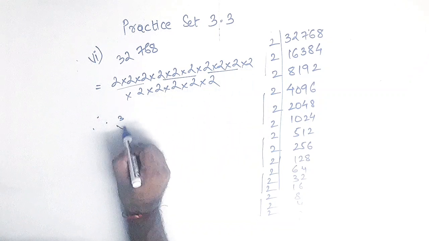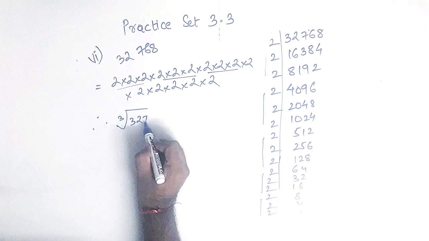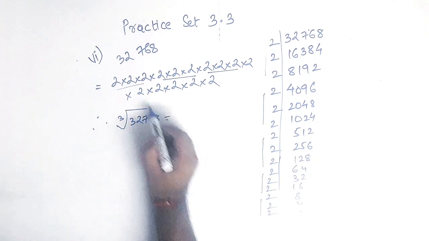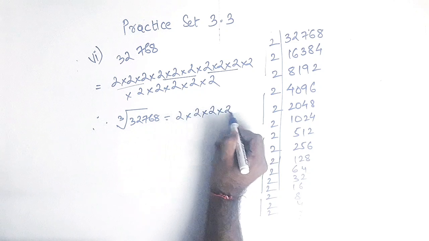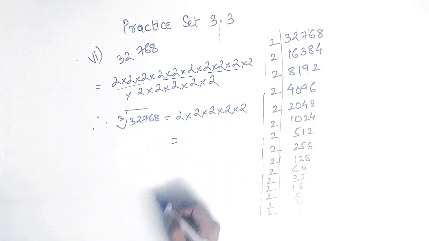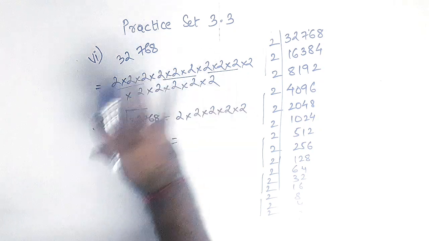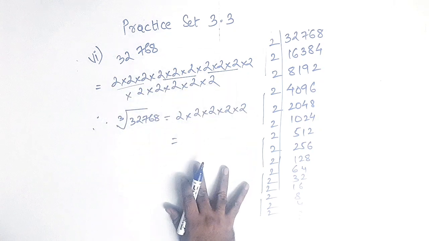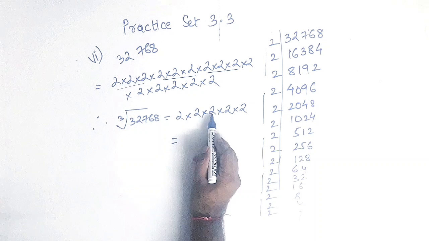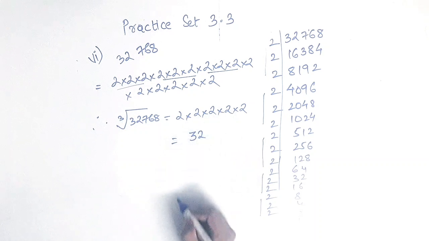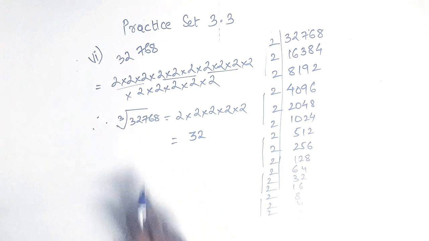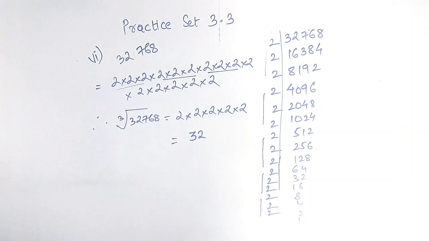Therefore I'll write the cube root of 32768 is equal to 1 2 3 4 and 5 times 2. Okay, 15 will become 5 2's. So 2 2's are 4, 4 2's are 8, 8 2's are 16, 16 2's are 32. Okay, so the cube root of this number is 32. Okay, let us move on to the next one.